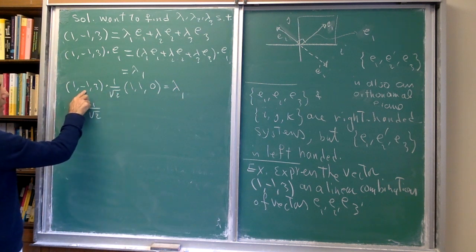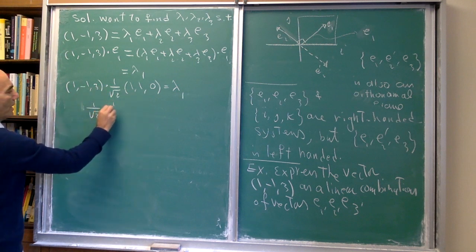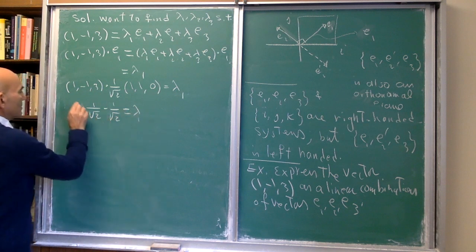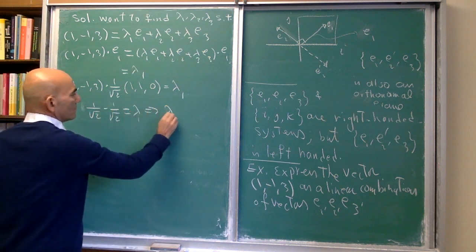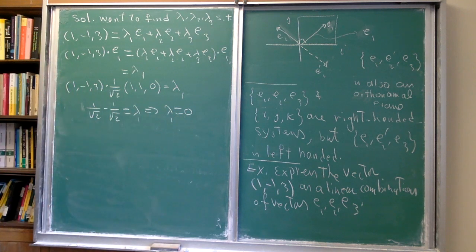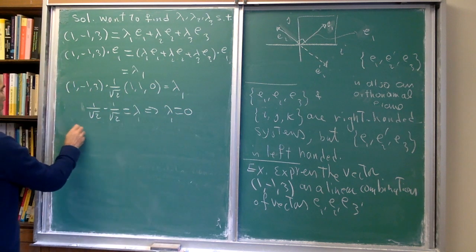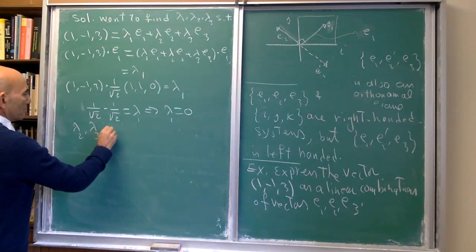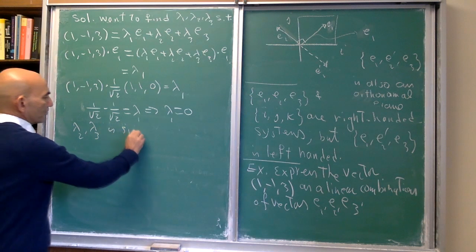And actually, this one is minus 1 over root 2, right? So lambda 1 is equal to 0. Okay, so that's cool. Then we can find lambda 2 and lambda 3, similar.